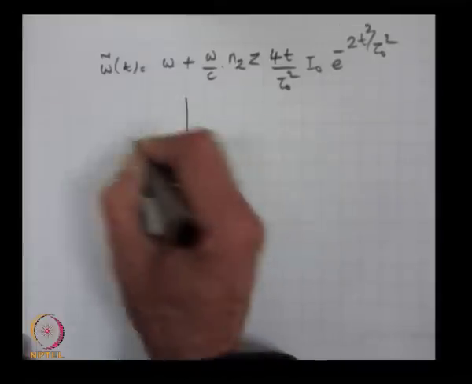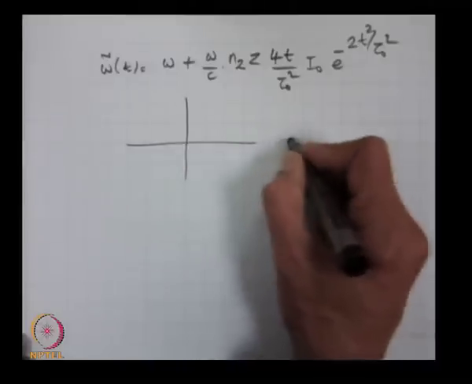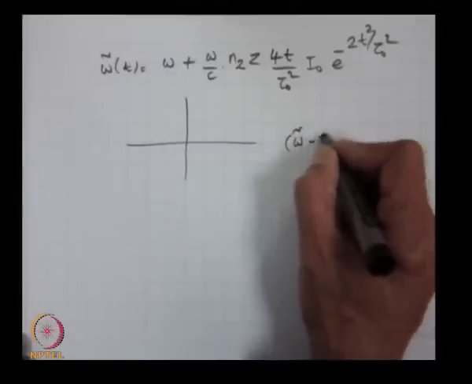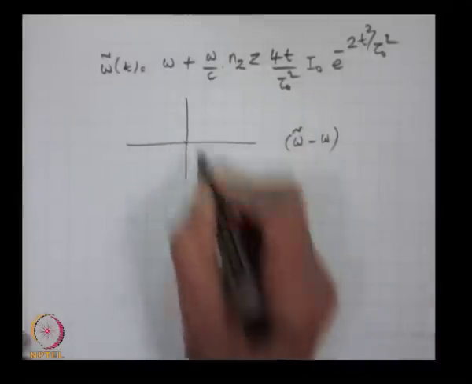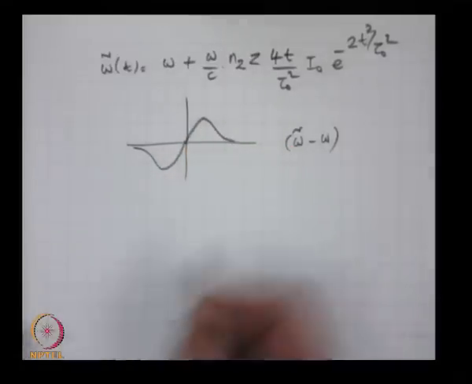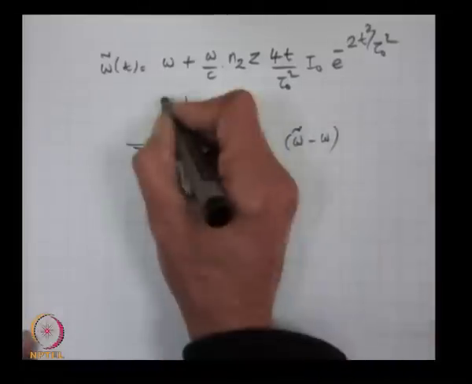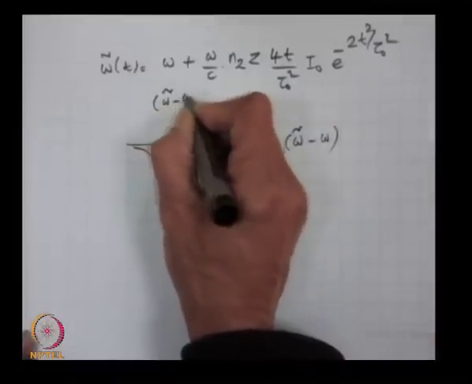Let me plot this as omega tilde minus omega. So it will go like this. Sorry, this is omega tilde minus omega versus time.